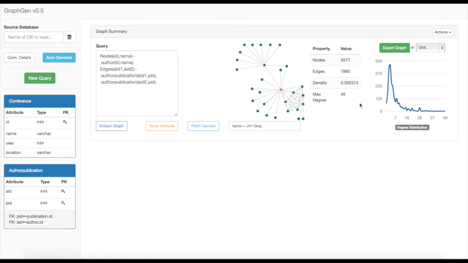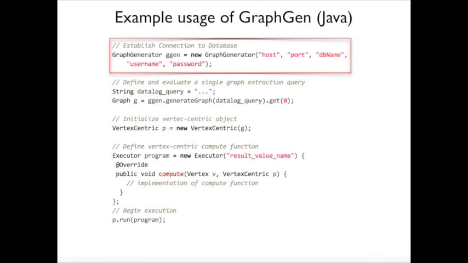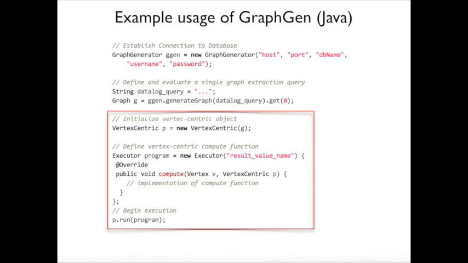There is also a handy export graph button in the front-end web application that allows users to serialize the entirety of the extracted graph onto disk in a standardized format. Lastly, GraphGen can also be used through our native Java API, where users can easily connect to the database, write and execute an extraction query, as well as define and execute Vertex-centric programs on the extracted graphs.